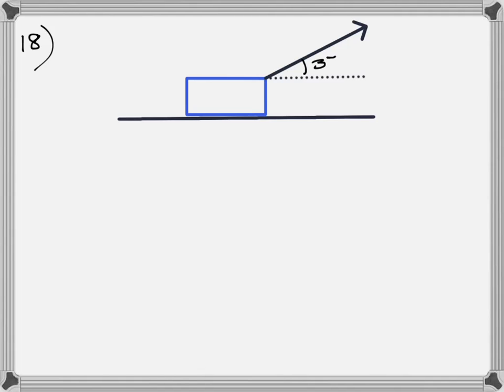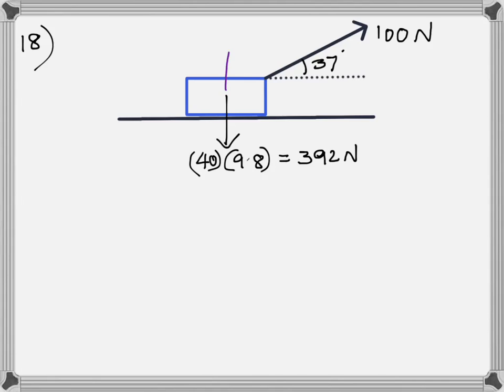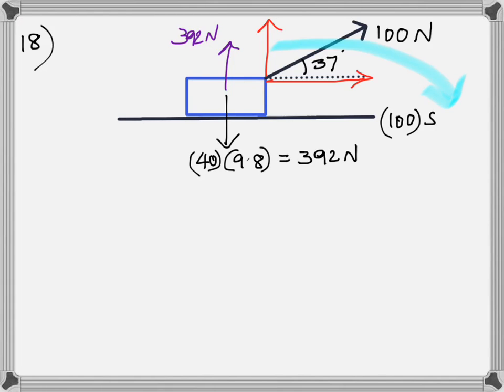Number 18, that is the diagram. See, I can draw 37 degrees, 100 Newton. The weight would be 40 times 9.8, which is 392. And the force that he applies, but the normal reaction would have been the same, 392, but that is 100 sine 37.